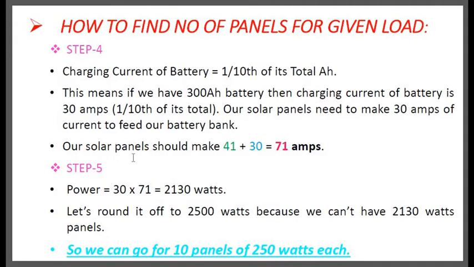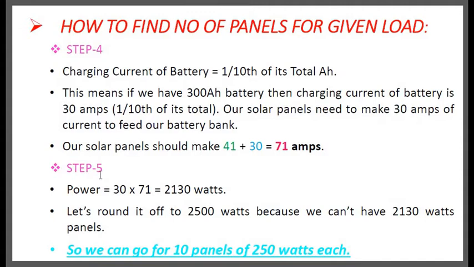So our solar panel should make 41 for our particular load and 30 ampere for the charging purpose of the battery. So the solar panel should make 71 amperes for output. So 71 amperes is the total output required by our solar panel.